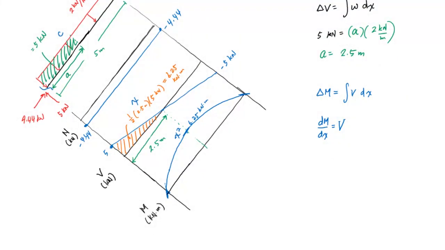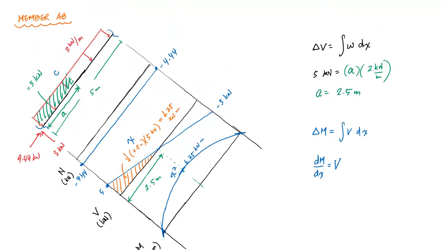And so now we're going to have to repeat the process that we just went through for members BC and CD. One thing that I want to be able to do is translate these internal load values here at the very end of my member onto the member itself. And so here I can say, at the very end, if I make a cut at B inside the member, I would have a normal force of -4.44 kilonewtons.